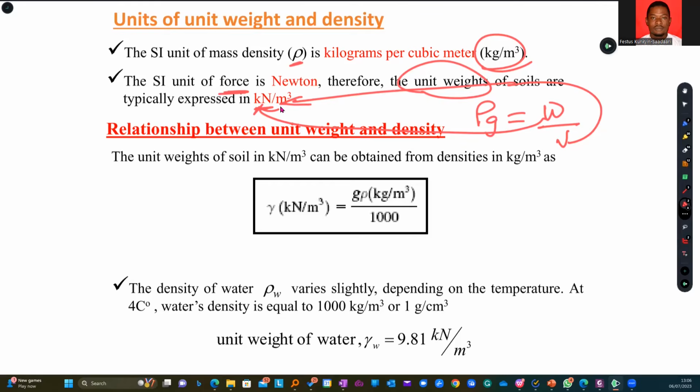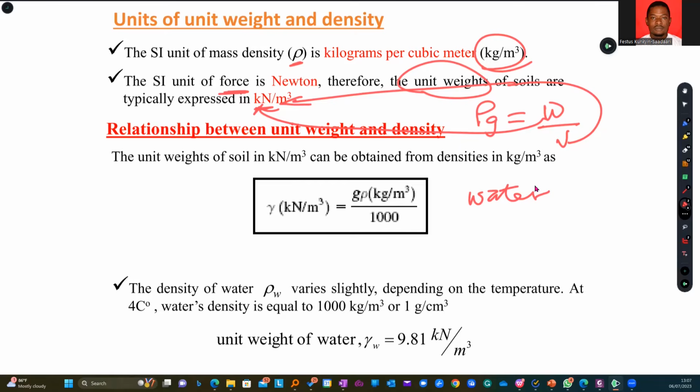Whilst we have these, we need to understand that there is a particular standard material in the universe that everyone is familiar with, and that is what? Water. Water is a fluid that we are familiar with all over the world, such that its properties do not change.